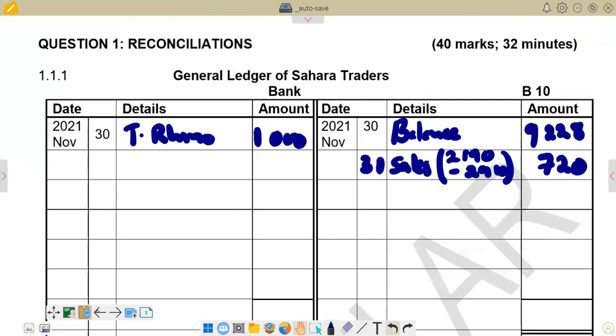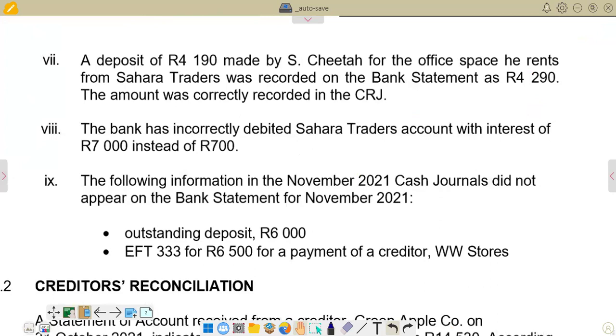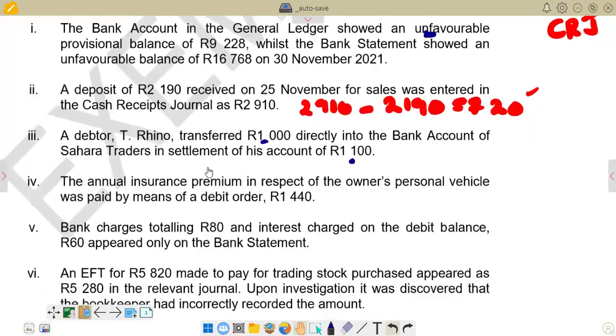Remember, if you go back, let's just try to go back again and see what type of transaction it was. So if you come here, you see that the description that we are given says it was a premium in respect of the owner's personal vehicle. So whenever we see any expense that has to do with personal expenses, it has to be our drawings. So these are our drawings.